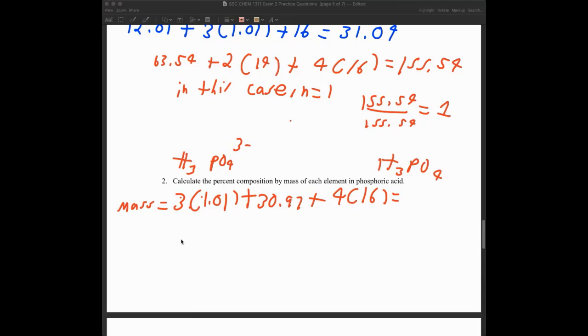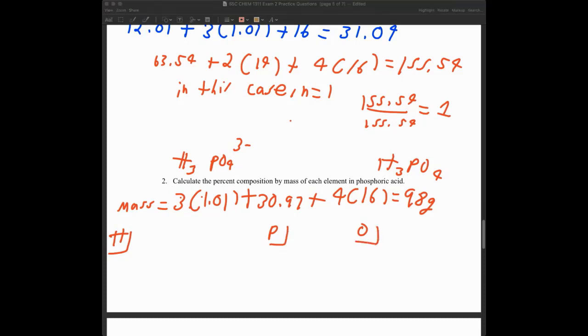When we add up all the grams, we get 98 grams. Finding each element in phosphoric acid, we have to do it for H, then P because it's next in the list, and then O. Okay, cool.